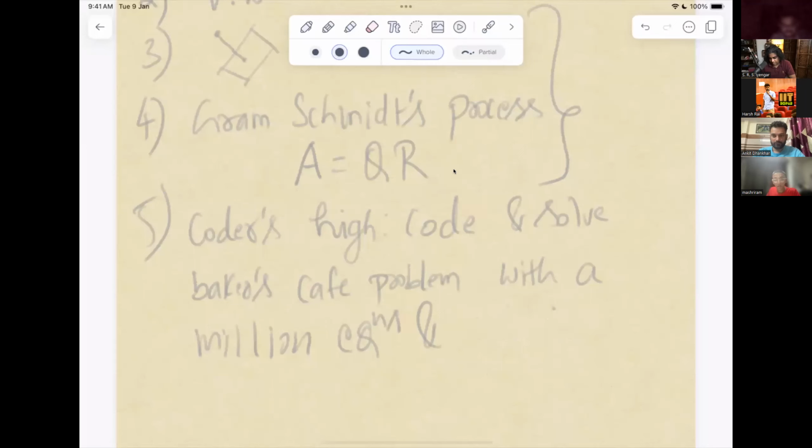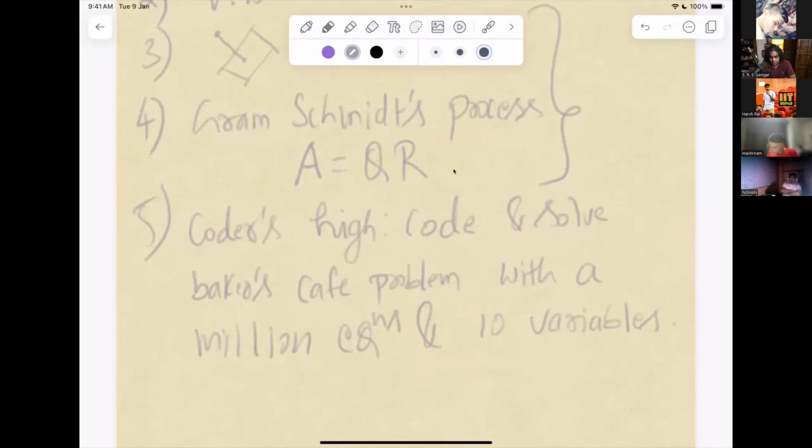Maybe we will not say million, maybe 10 variables. We had only adult and children here. We'll have adult, male, female, child, boy, girl, age group wise division, and you will get more variables. And we'll see how we can solve this with some coding.